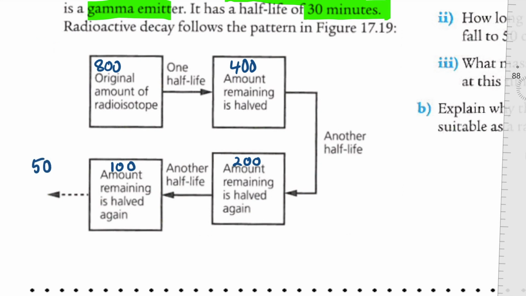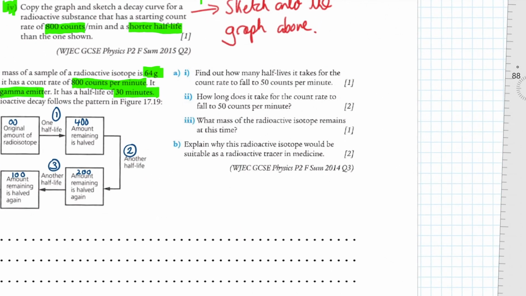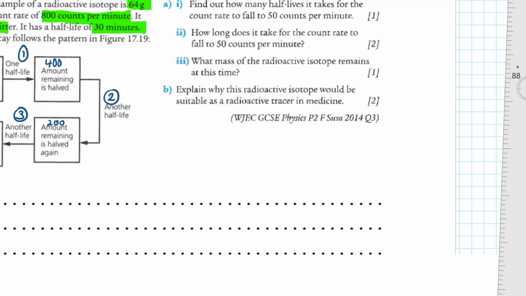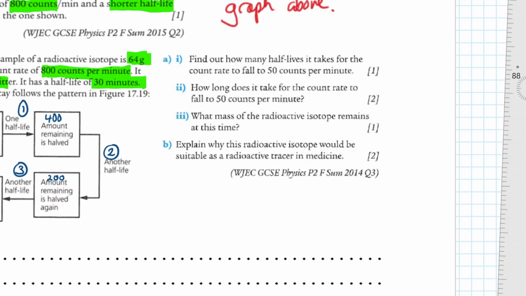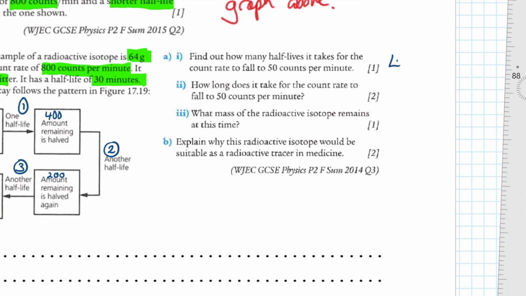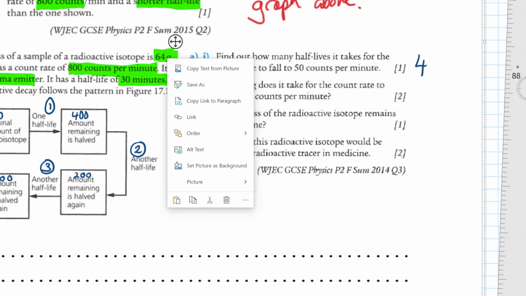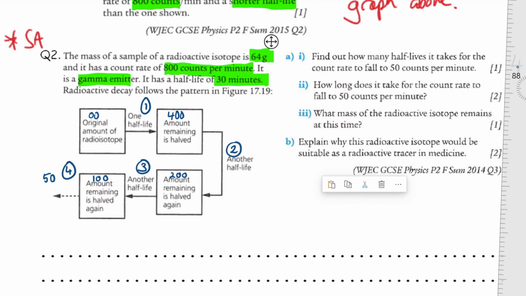So if we count the number of half-lives, there's 1 there, that'll be 2, that'll be 3, and that'll be 4. So how many half-lives would it take? It's 4 half-lives.